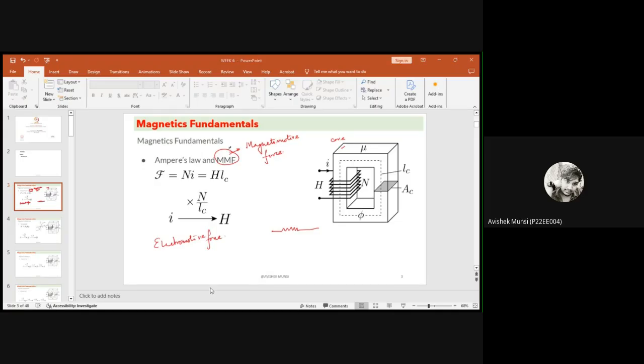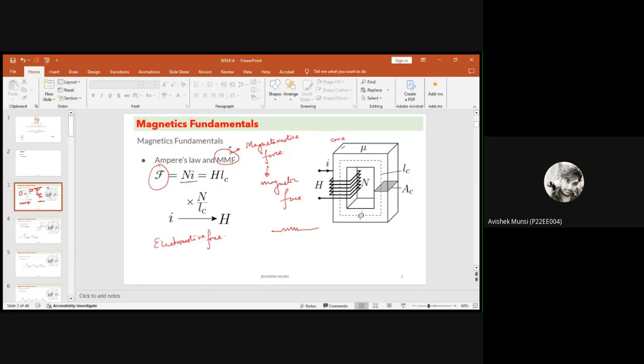Similarly, in a magnetic circuit, magnetic flux is produced due to this MMF. This MMF, denoted by this symbol, is equal to N into I.